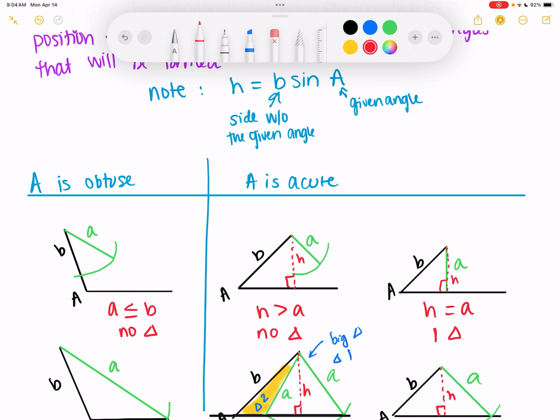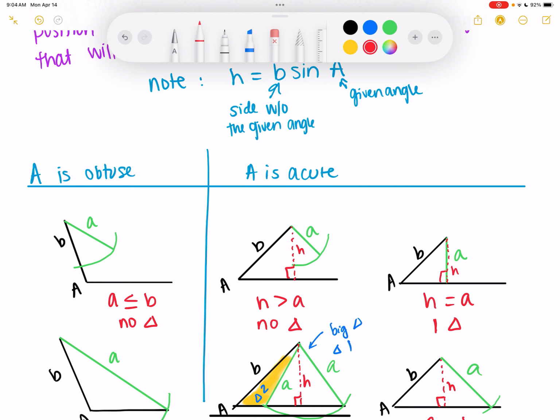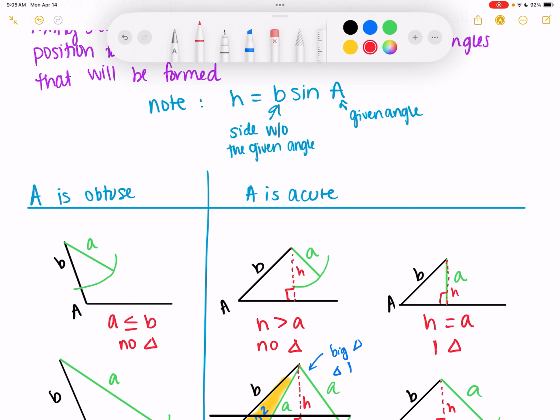So we use the side without the given angle times the sine of whatever angle they gave us, and I find H. Now, this is the other thing, and you may want to note this somewhere. For H, go to one decimal place past whatever the side lengths are.